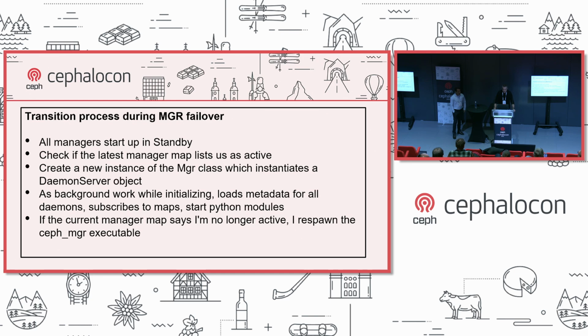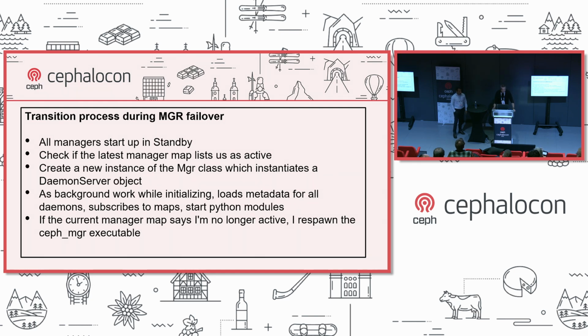If we were active, in other words, if we, as the manager receiving the map, were active at the time and are no longer marked as active in the map, we respawn the Ceph manager executable by using an execve command, which replaces the existing executable with a new version.